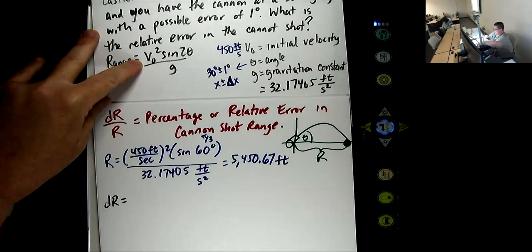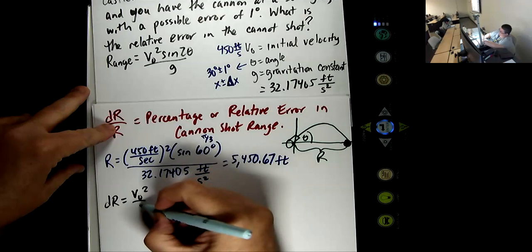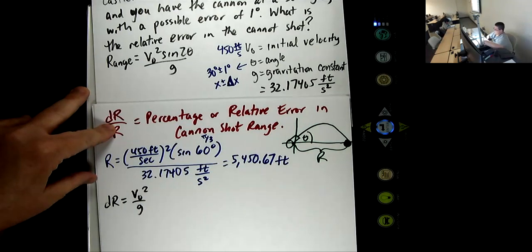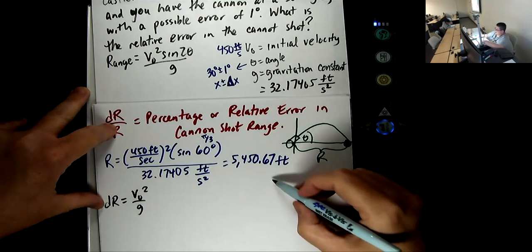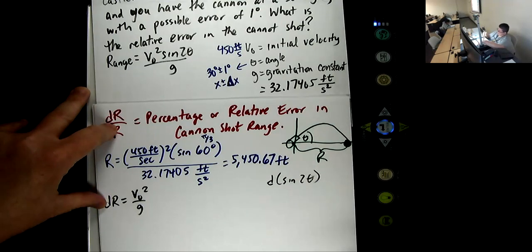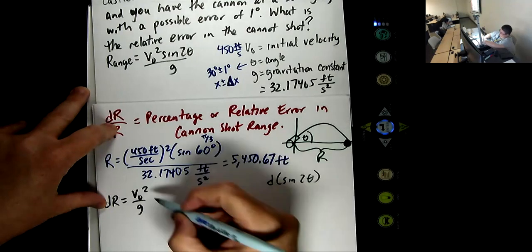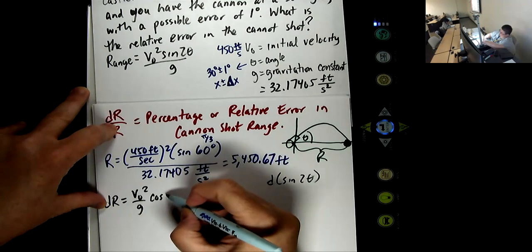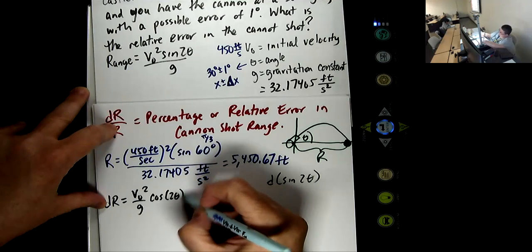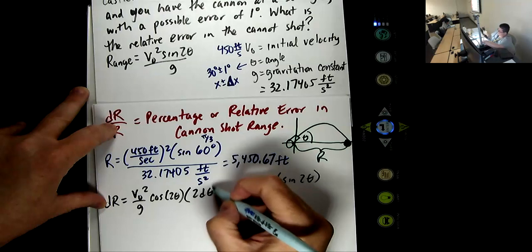V naught squared is just a constant, so is G. We'll plug those back in a second. We're just taking the derivative of sine 2 theta, so I have the derivative is cosine 2 theta times 2 d theta.